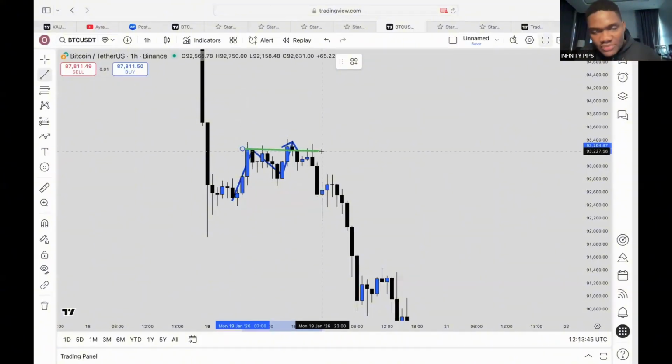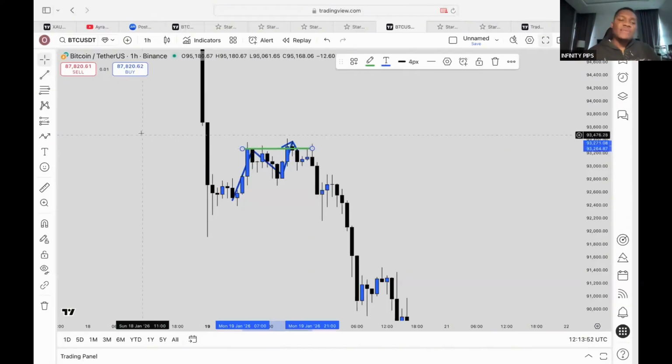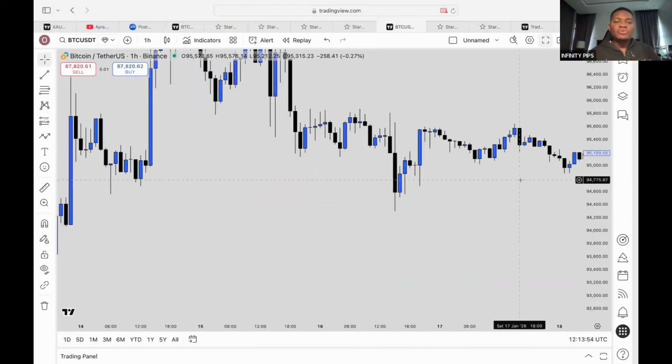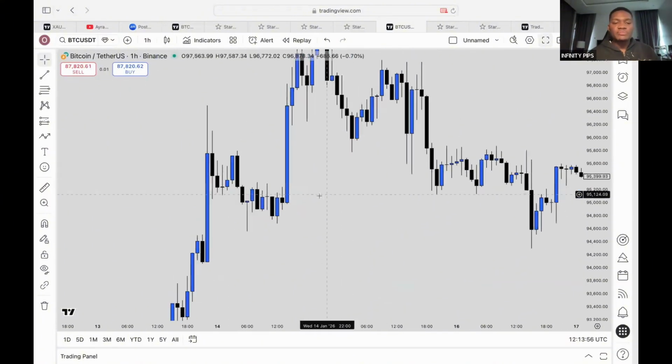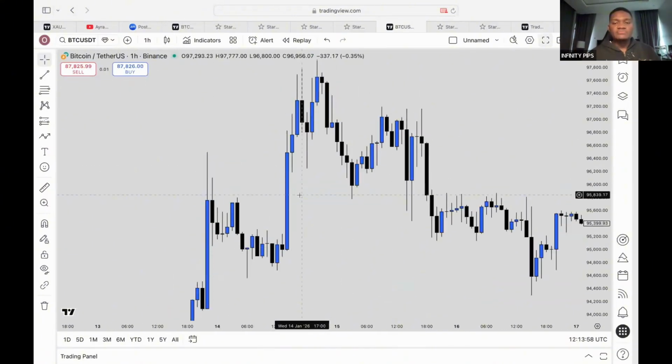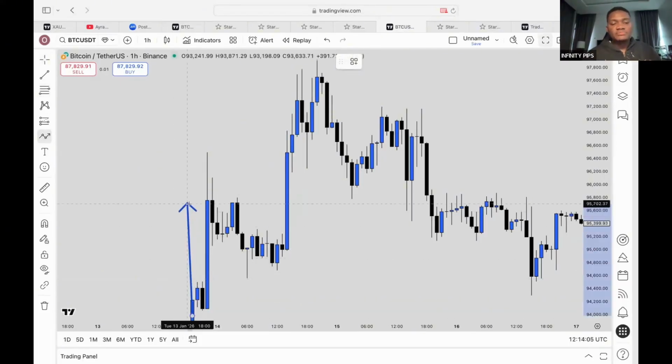This is not a break of structure, by the way, because this is not proper, but this gives a clear example of what I'm trying to explain, right? Or let me look for a proper one that actually broke. Good. This broke, right? Now, you can see that the market created up, down.